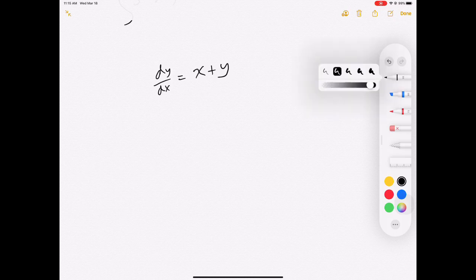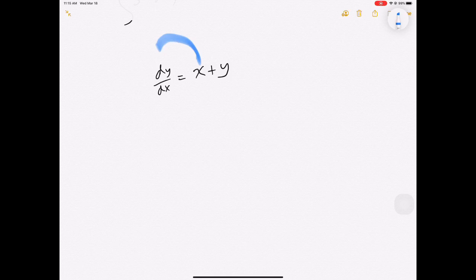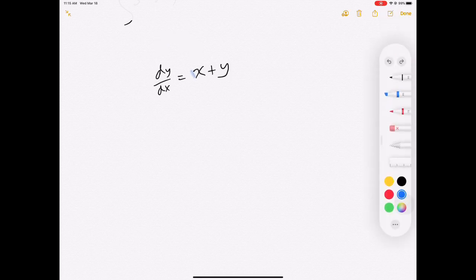I still want the x's on the same side, and I want the y's on the same side. Let's try moving stuff around. Let's say I want to move the y to this side: dy over dx minus y is equal to x.